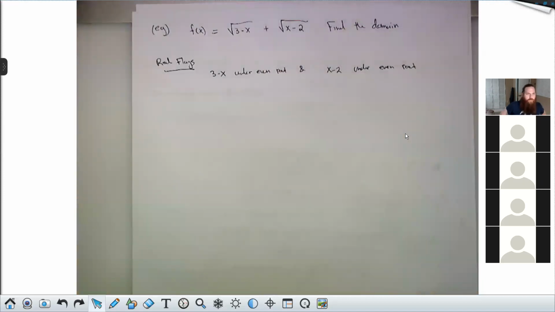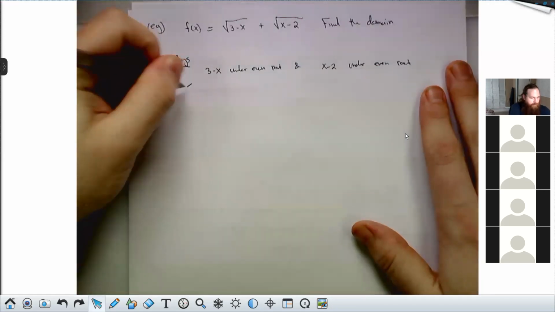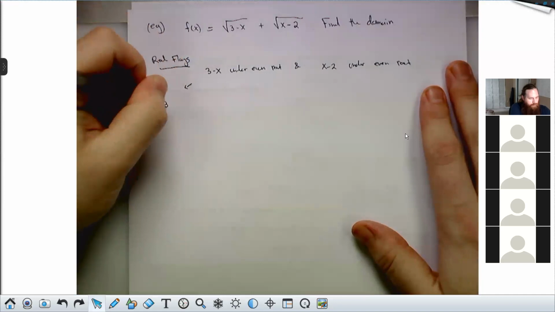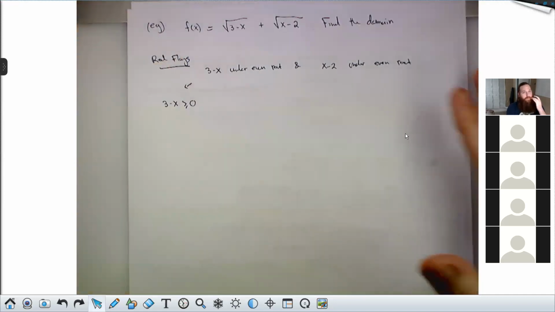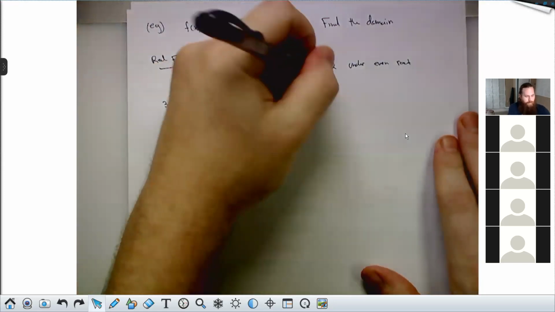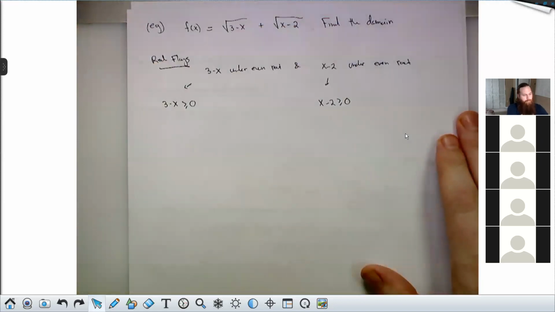And both of those are going to contribute restrictions. From the first guy, I know I need 3 minus x to be greater than or equal to 0. Because those are the only sort of numbers I can take square roots of, right? Can't take square root of a negative number. I need the number to be 0 or bigger. And here, I'll need x minus 2 to be greater than or equal to 0.